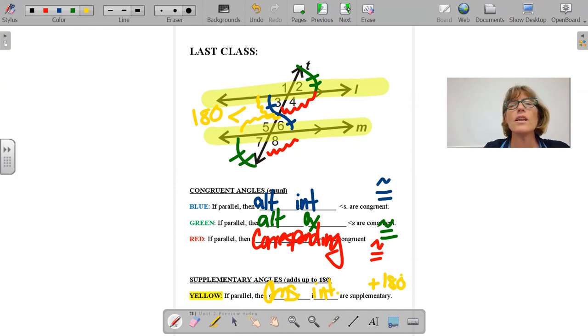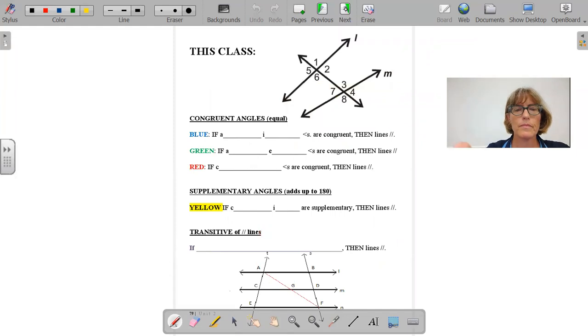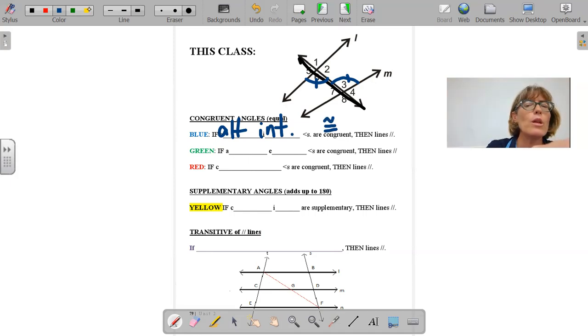This class says this: if I drop down a stir stick, and if I notice alternate interior angles are congruent, then it forces these lines to be parallel.